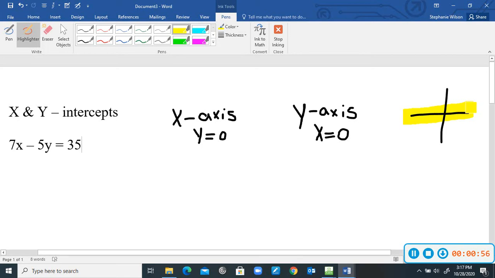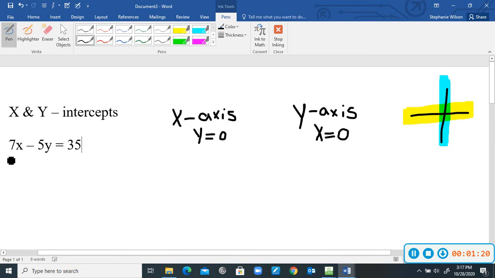Whenever I cross this horizontal line, my y is always 0. Now, my y-axis is this vertical line, and anytime I cross this vertical line here, my x is always 0, okay? And that's called y-intercept, because we're crossing the y-axis.